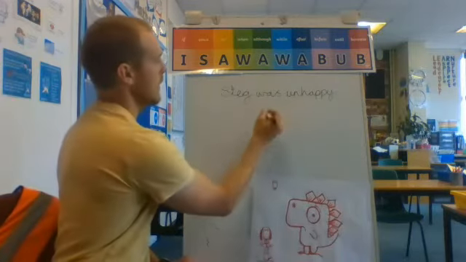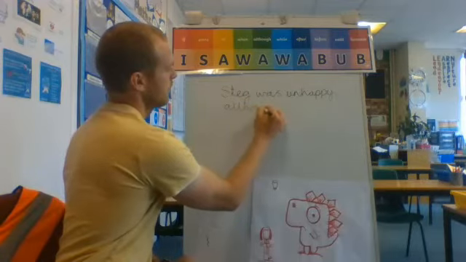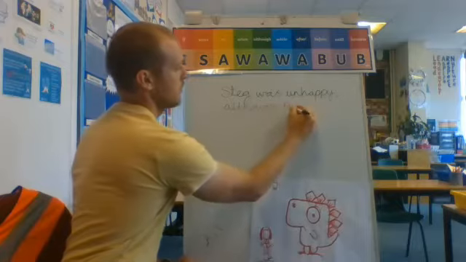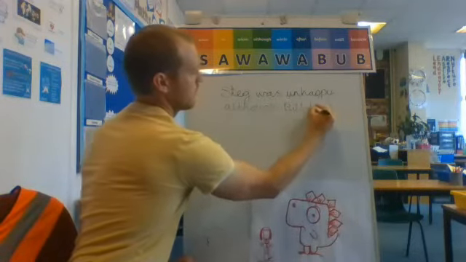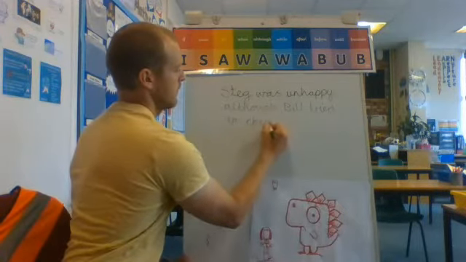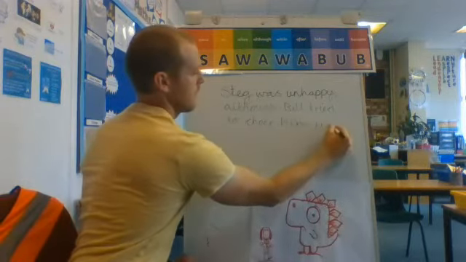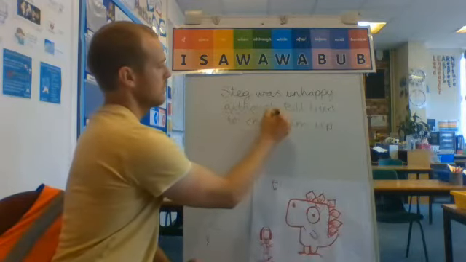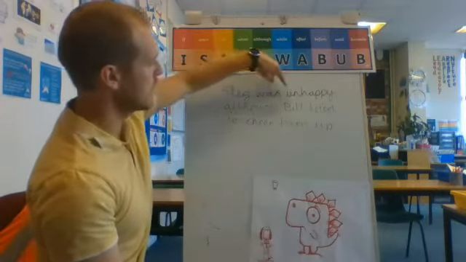Okay, so SPaG was unhappy although Bill tried to cheer him up. Okay, so although is my conjunction, it's my glue. Here is one clause, SPaG was unhappy.